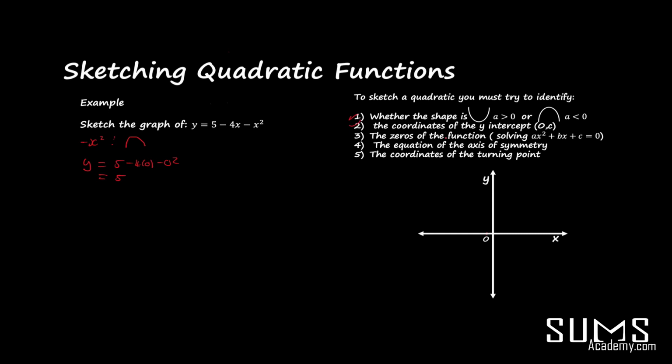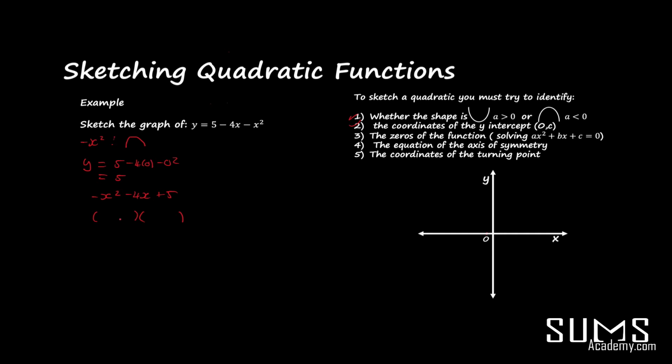Number three, the zeros of the function, solving ax squared plus bx plus c. So we need to find basically the roots of this equation. We have minus x squared minus 4x plus 5. So where do our two roots come from? We're looking at something that multiplies up to 5 and adds to negative 4.